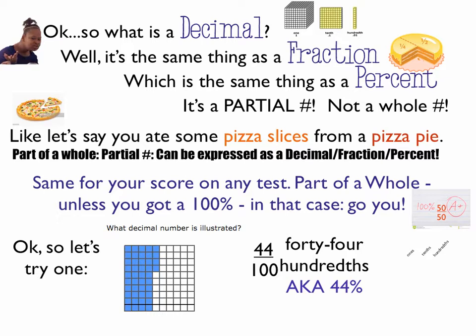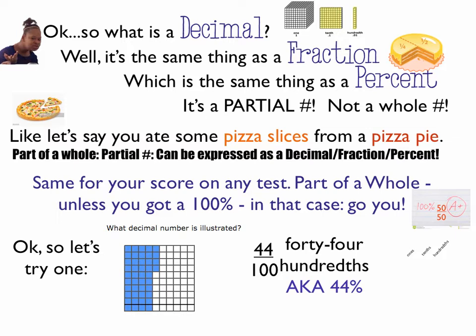Okay, but then how would I write this as a decimal? Well, again, using that place value system, right? So if I were to write it as a decimal, let me hear how it sounds. It sounded like 44 hundredths. So I know the ones place, then there's the tenths place after the decimal, and the hundredths place, which means that last four would hit the hundredths place, and the first four would hit the tenths place.